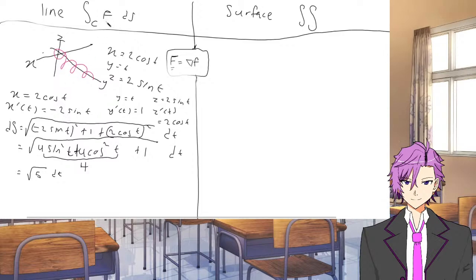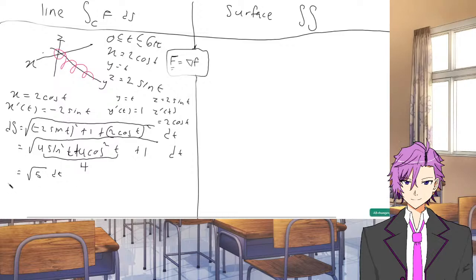So if we put it in the formula, oh, the region, I forgot the region. So t goes from 0 to 6 pi.